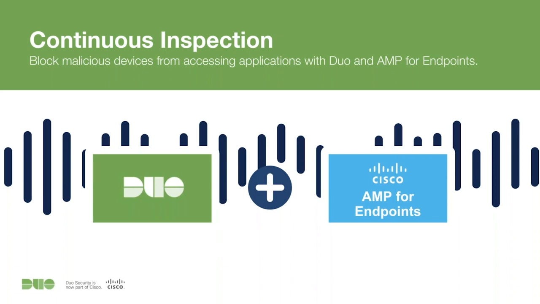Duo can then block that device at the point of access from getting into an application. Since Duo sits in the path of application access, it gives us a really nice vantage point to do things like that, where a user would typically have to perform MFA and authenticate into an application. Since we're sitting in that path, we get this spot where we can make sure that we're making access decisions that are helpful or maintain your security posture.